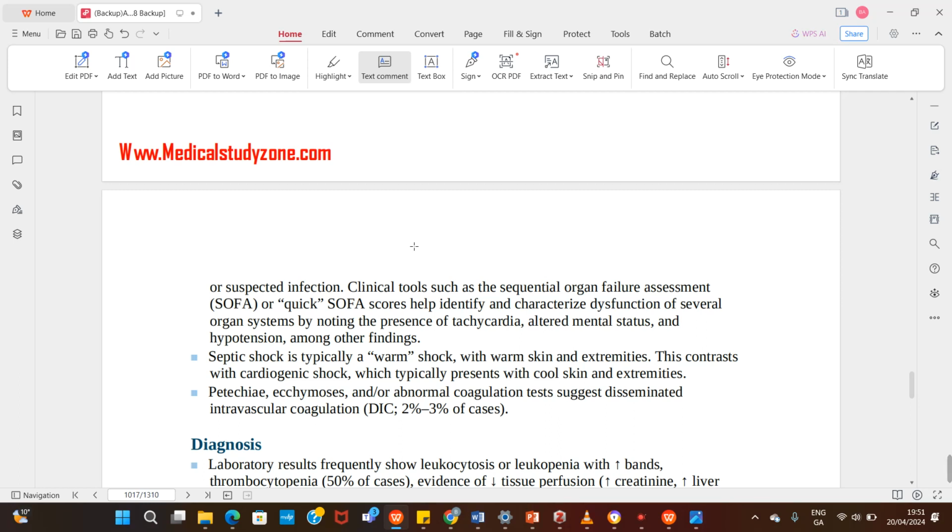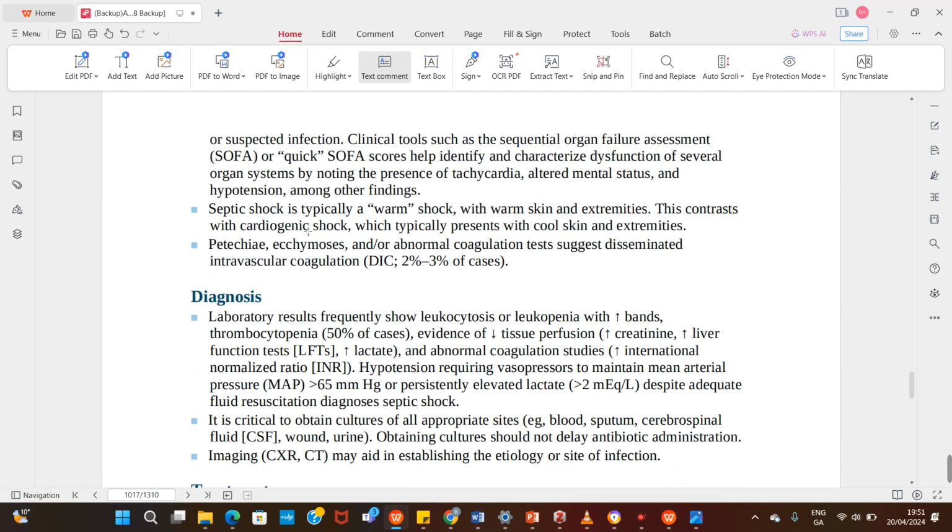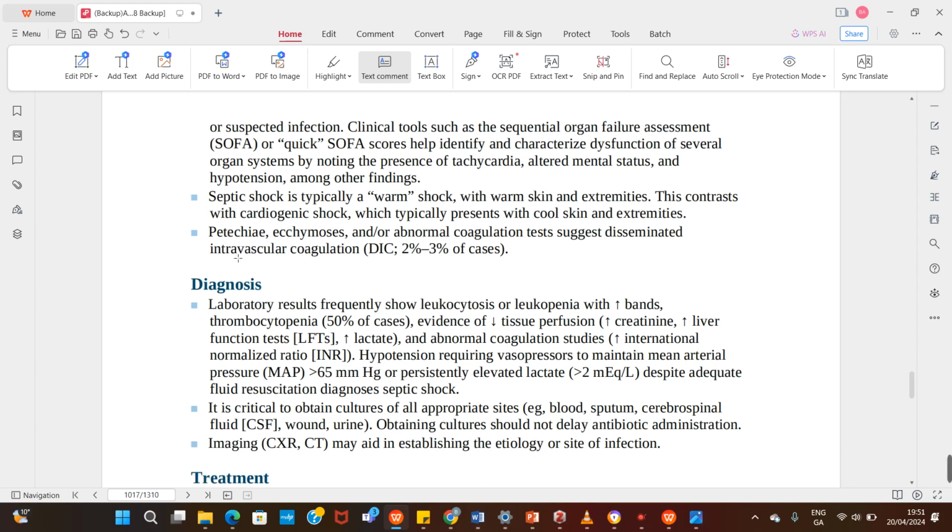We don't need to worry ourselves about that because most of the signs that they are talking about, we have already mentioned. So don't forget, septic shock is typically a warm shock. So it's a distributive shock. So it's going to be warm, not cold and clammy, right? In contrast to hypovolemic or cardiogenic shock, where they present with cool, clammy skin.